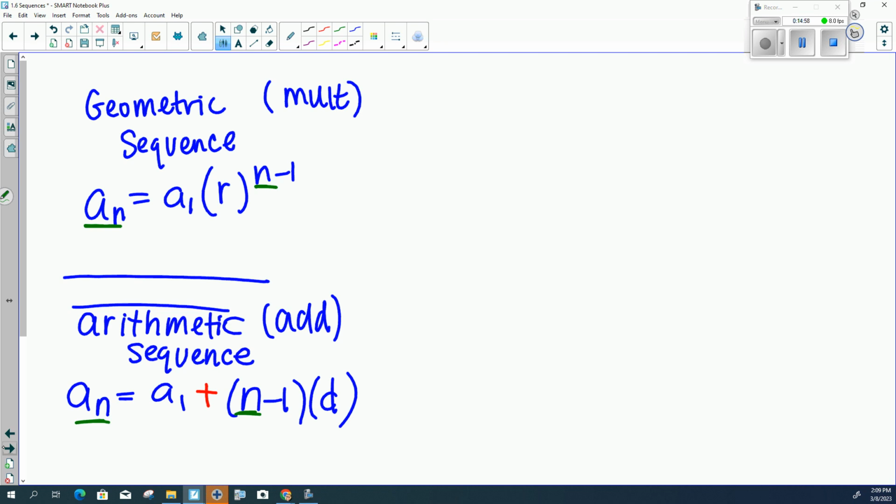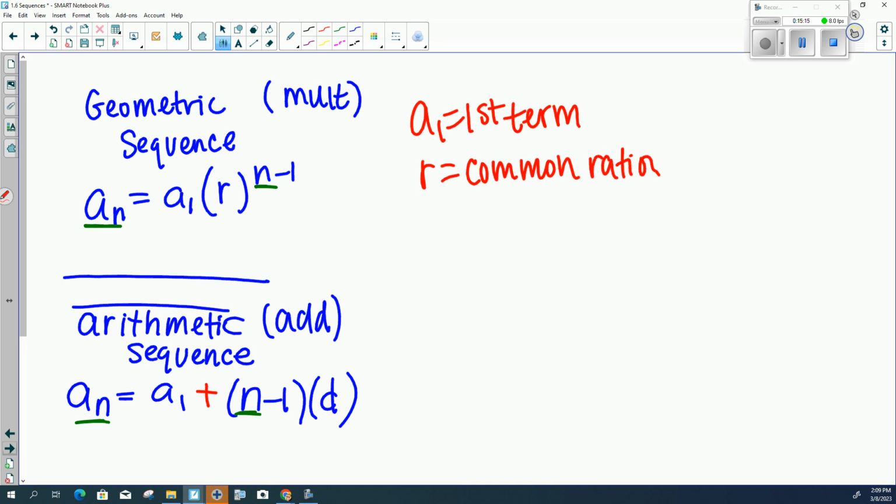Okay, in your notes, it already tells you that A sub 1 is the first term. Do you see where I'm talking about? And it says R equals what? Let's come below. For the arithmetic, a sub 1 is the same thing. This means the first term. What do you think the D stands for?